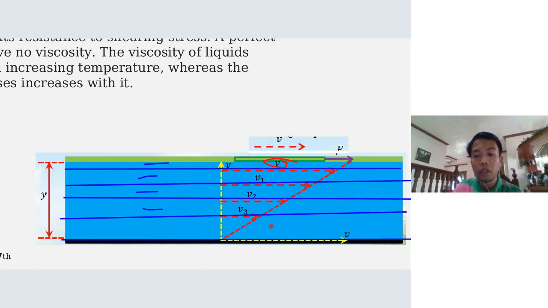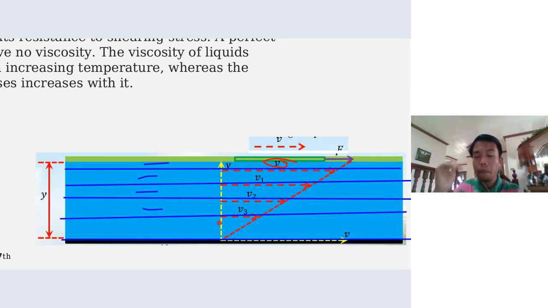So basically, the velocity of this layer of fluid will be smaller than this fluid because of the friction between the solid bottom of the container and the liquid at this portion.